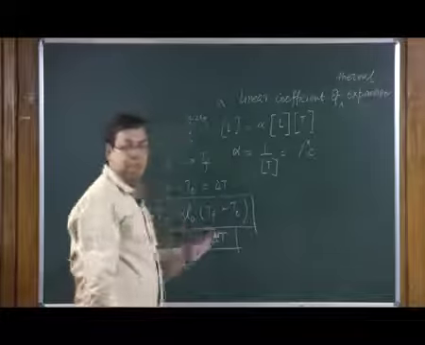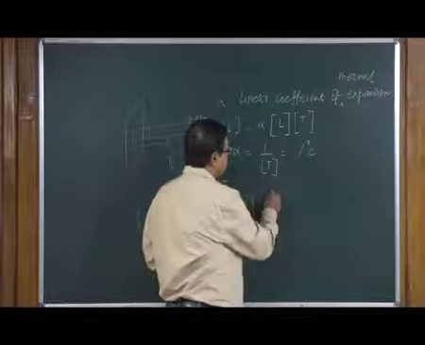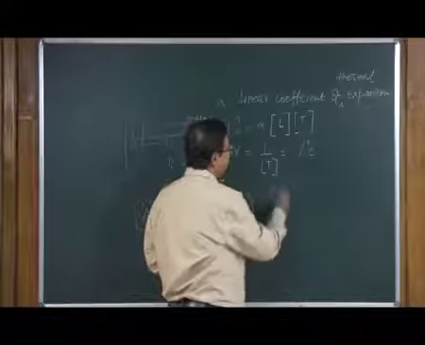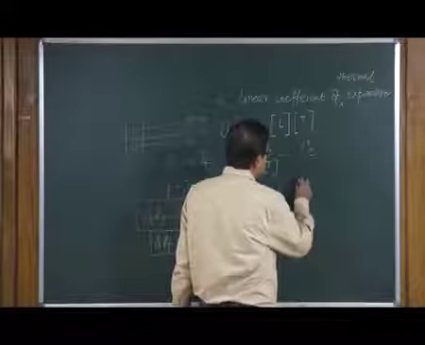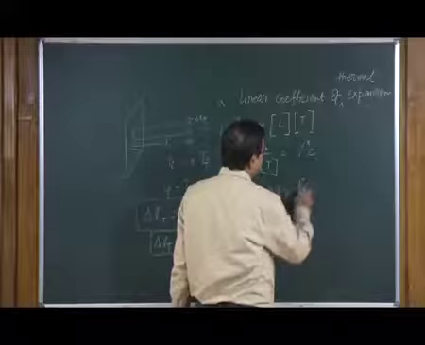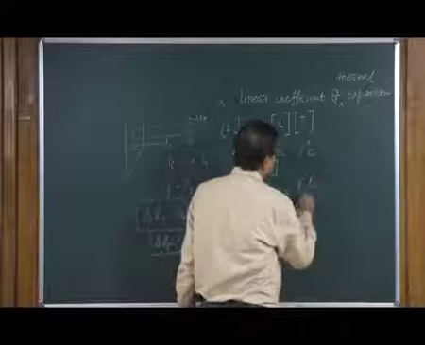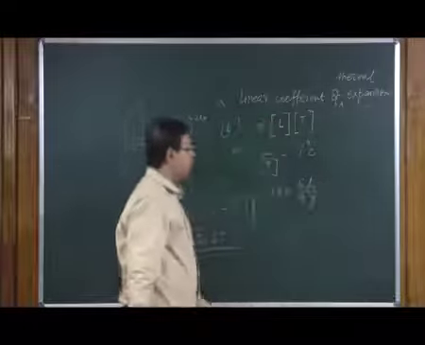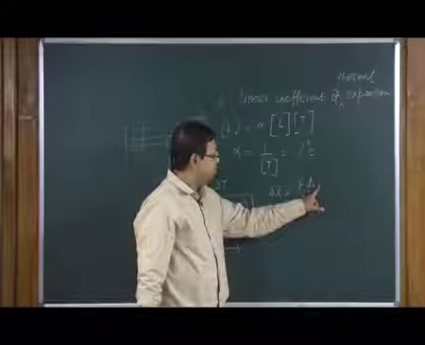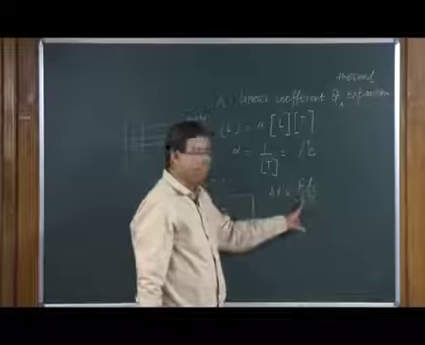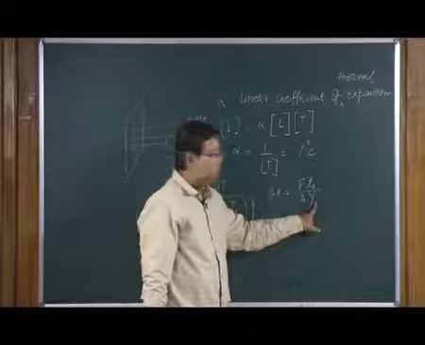Now, this has to be compared with the quantities that we know. Remember the delta L that we talked about earlier under the application of tensile or compressive stresses is given by F L0 divided by A y. Just to remind you, F is the applied force, L0 is the initial length, A is the area of cross section of this rod, and y is the Young's modulus.